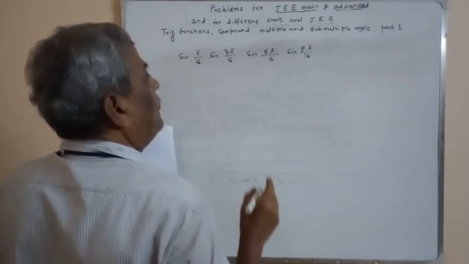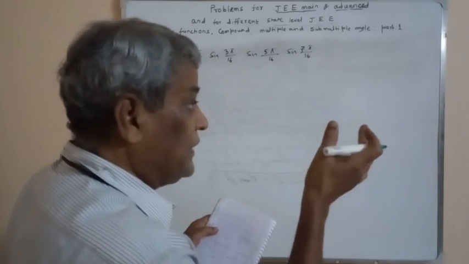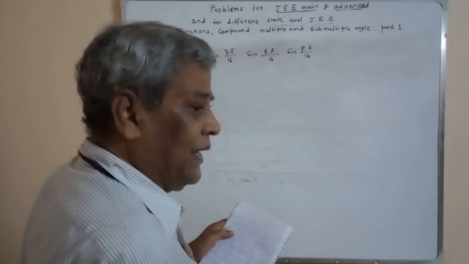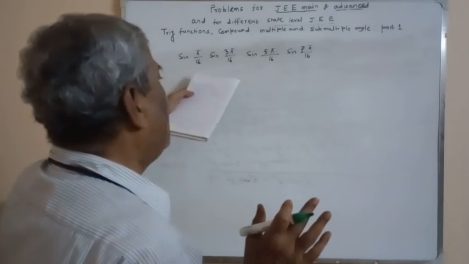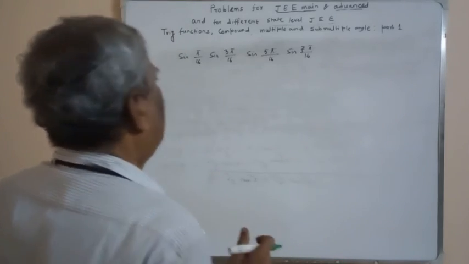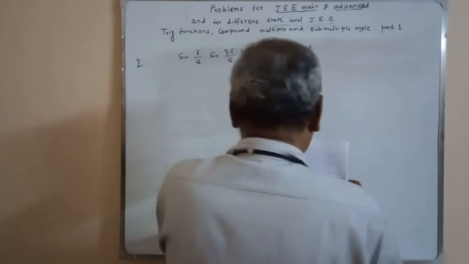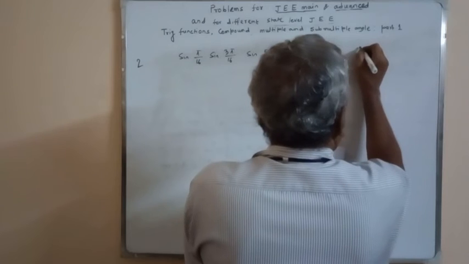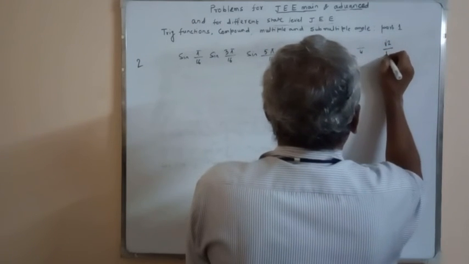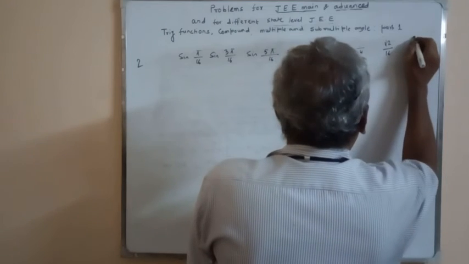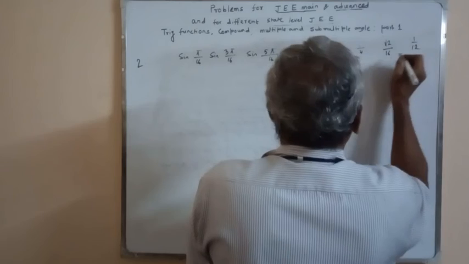This is in product form. If in sum form, then using the last formula I gave you it can be obtained, but it is in product form. Options are 1 by 4, root 2 by 16, 1 by 12, and 1 by 4.